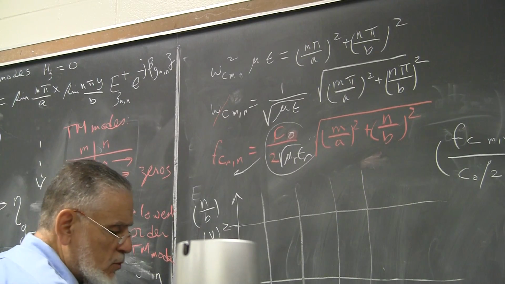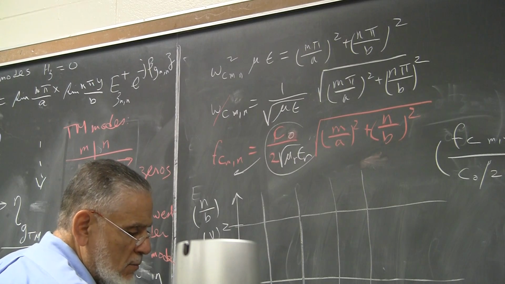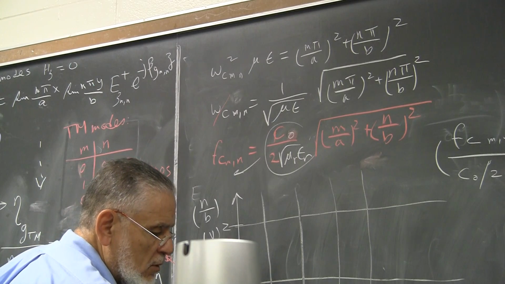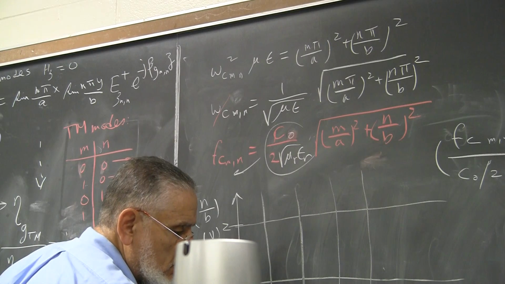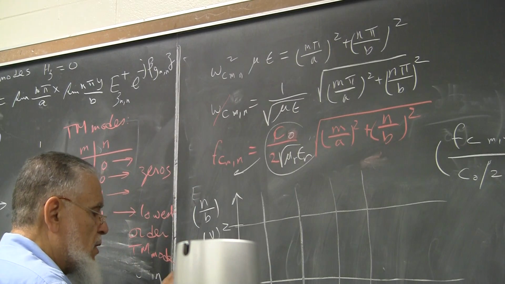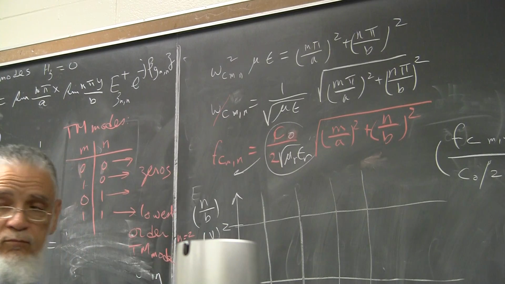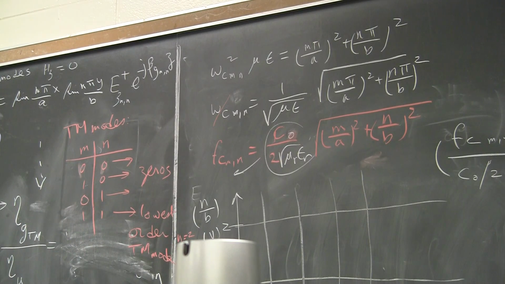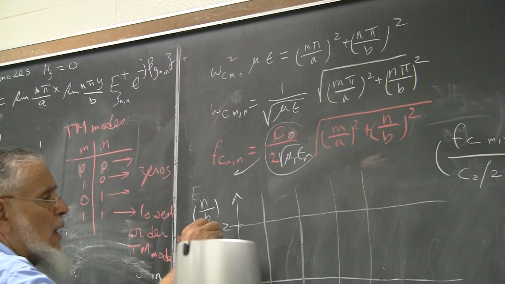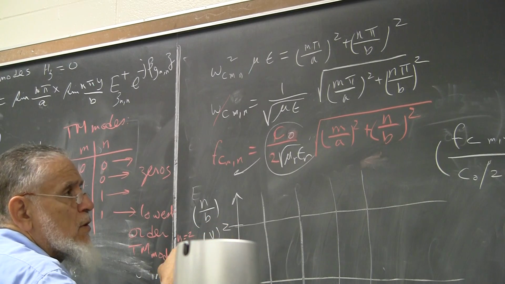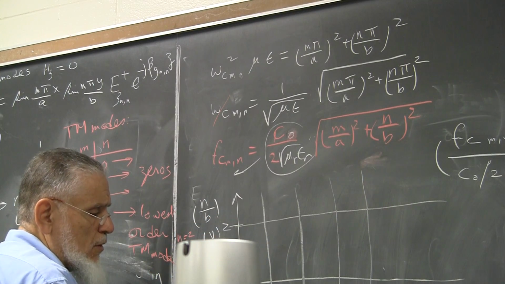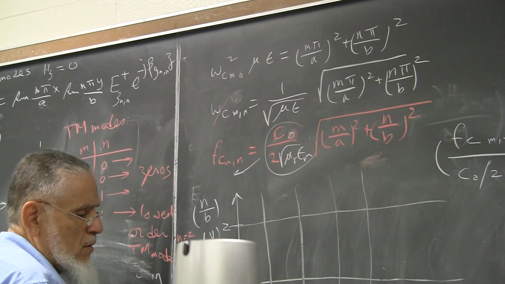This corresponds to m is equal to 1, m is equal to 2, m is equal to 3, m is equal to 4. This corresponds to n is equal to 1, n is equal to 2, etc. Get your operating frequency and change it.